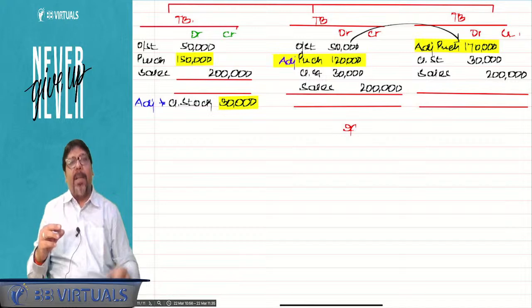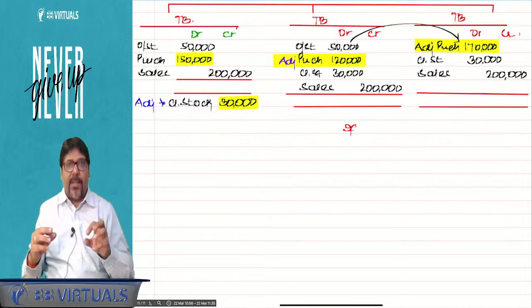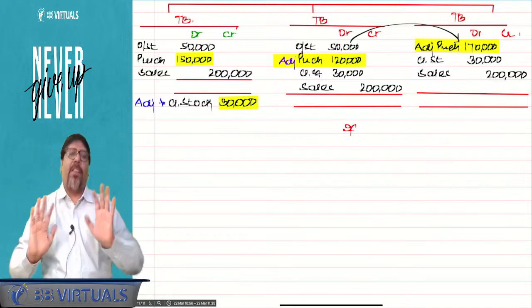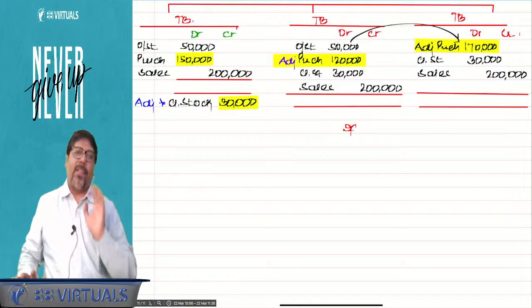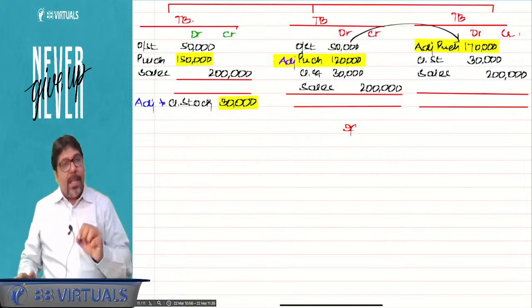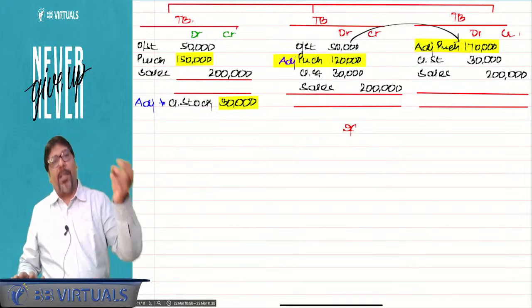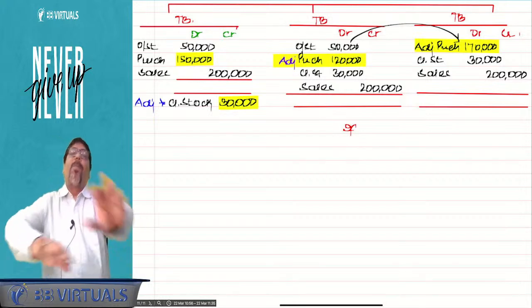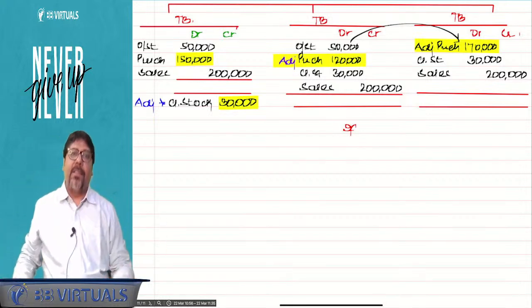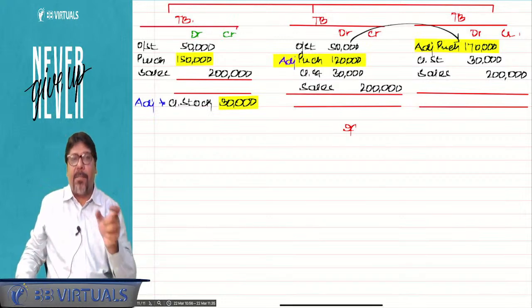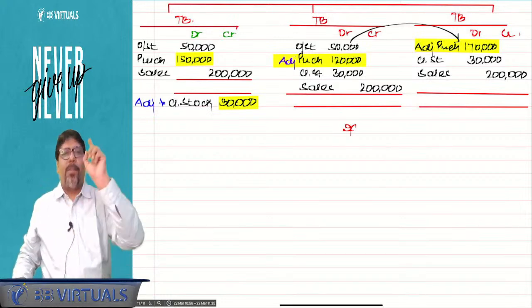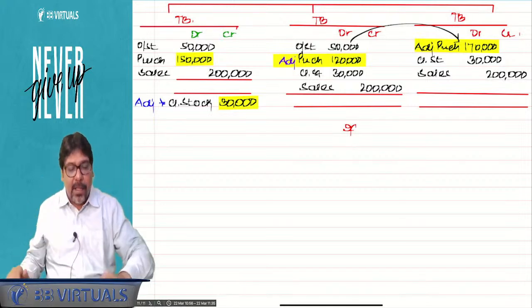If in trial balance adjusted purchase is given and opening stock is also given, then adjusted purchase is equal to purchase minus closing stock. But if in trial balance adjusted purchase is given, but opening stock is not given, then adjusted purchase is purchase minus closing stock plus opening stock. Are you understanding? Yes, sir.